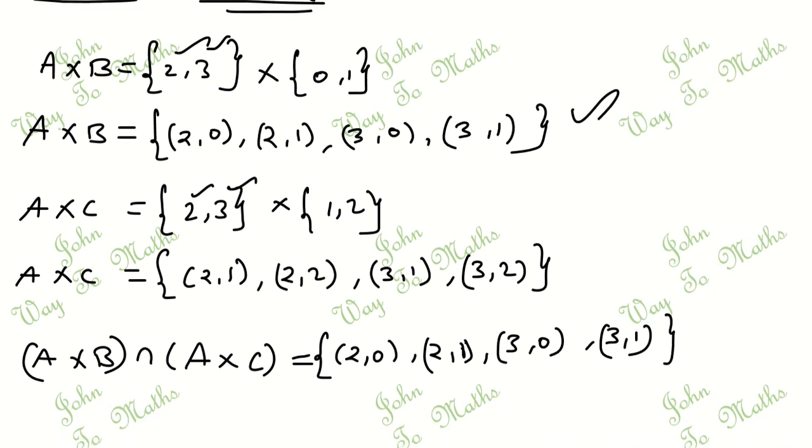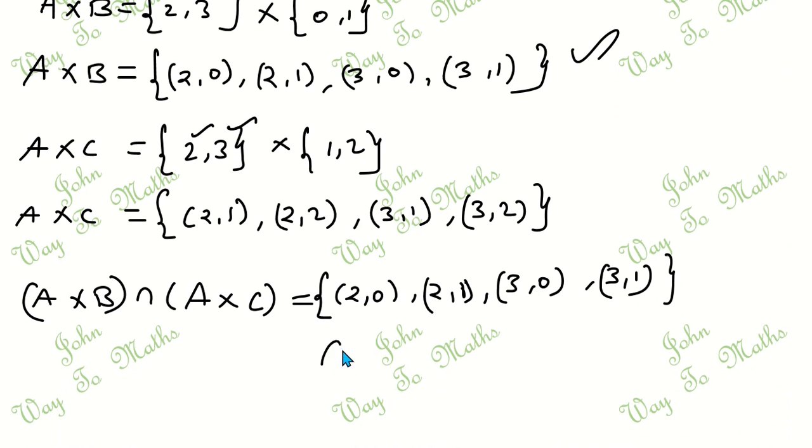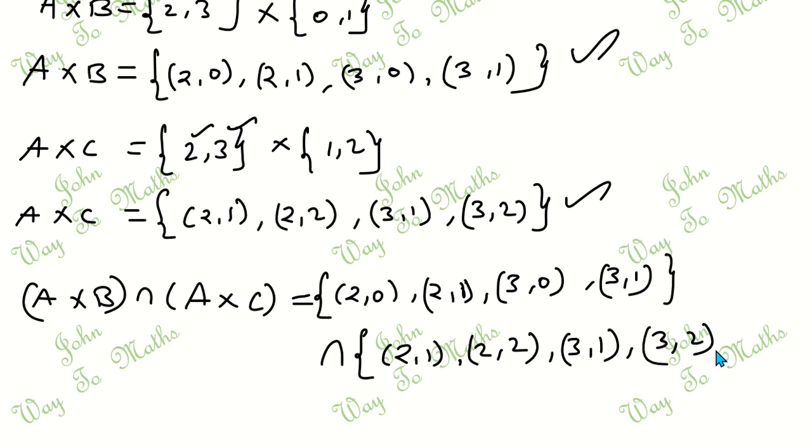So intersection of A cross C becomes this one. So I'm going to apply this one. So 2 comma 1, 2 comma 2, then 3 comma 1, 3 comma 2.